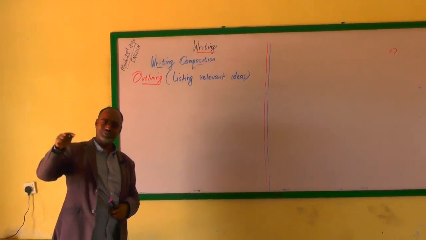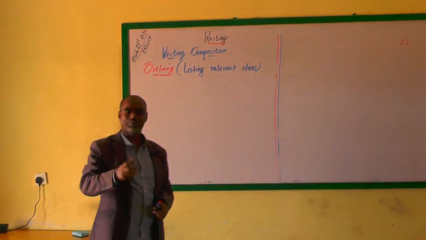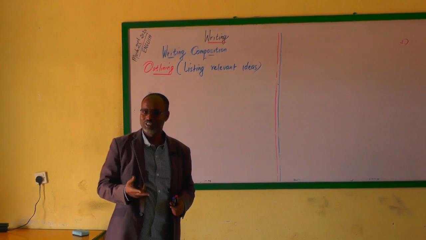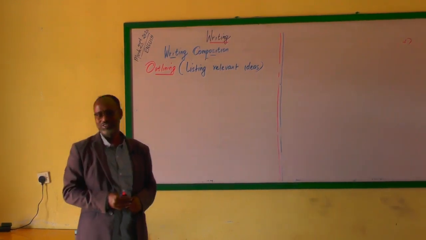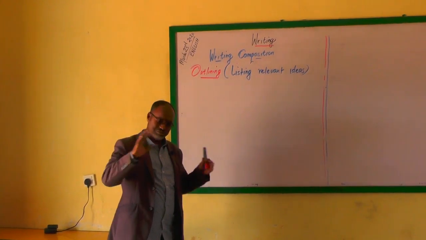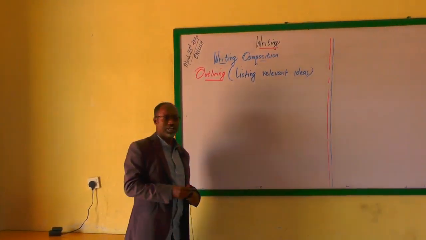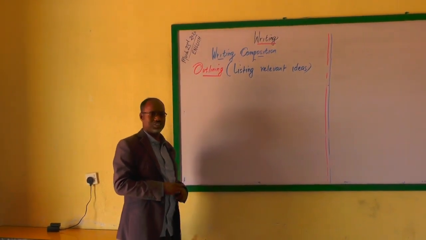For example, you have been asked to write a composition about smoking. It is not unusual to get stuck sometimes when you want to write because you have not learned much about this.